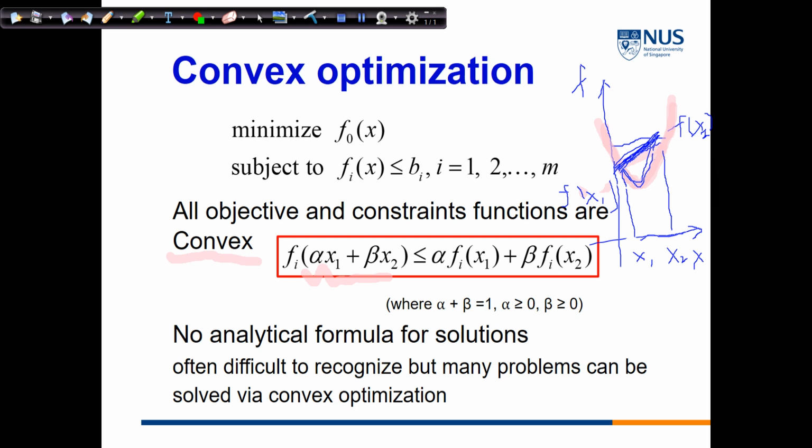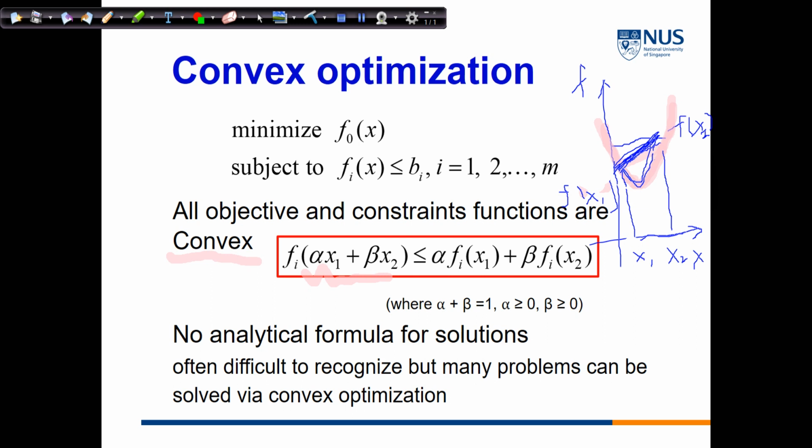Alright, so this is a typical convex curve, looks like this. A more detailed definition will be given in the next lecture, but this is the basic concept you should remember. This is the definition of convex. Whenever we determine whether a function is convex or not, we go to the criteria to see.